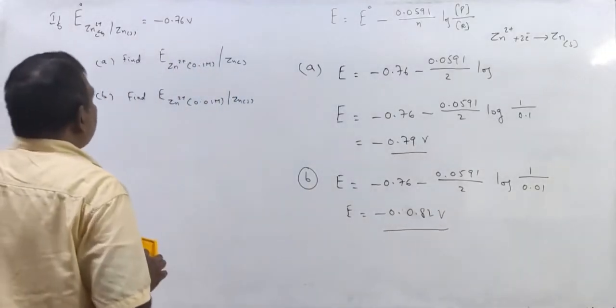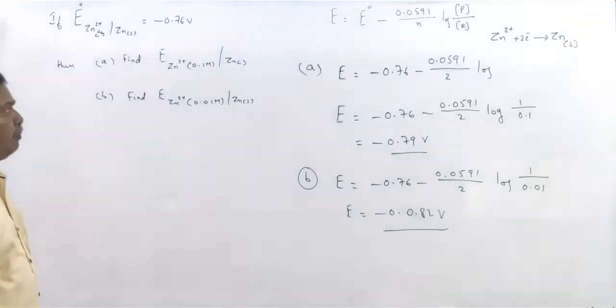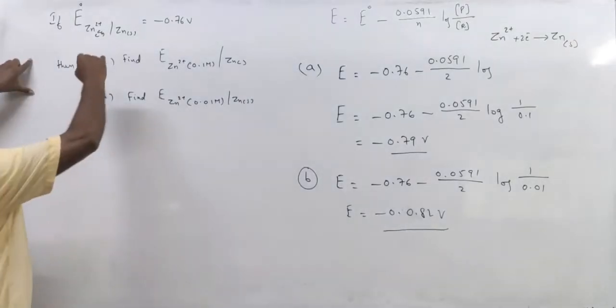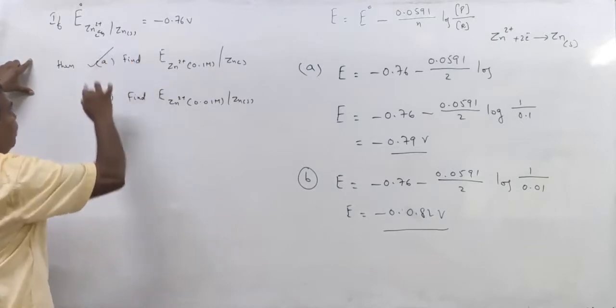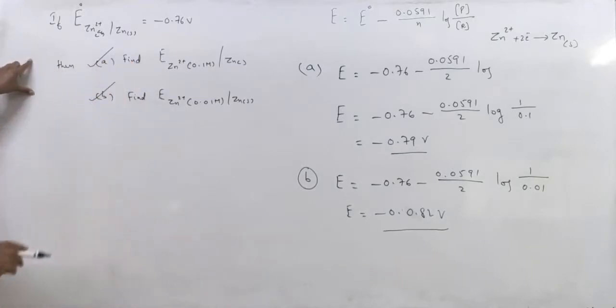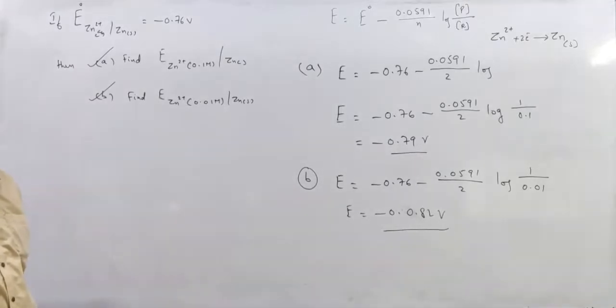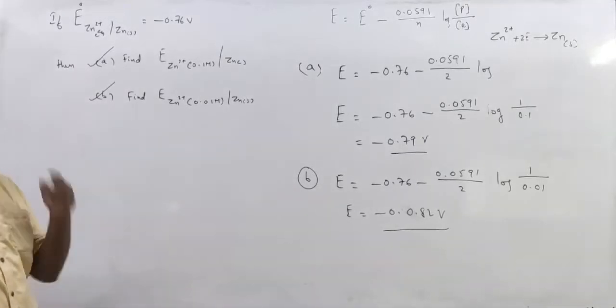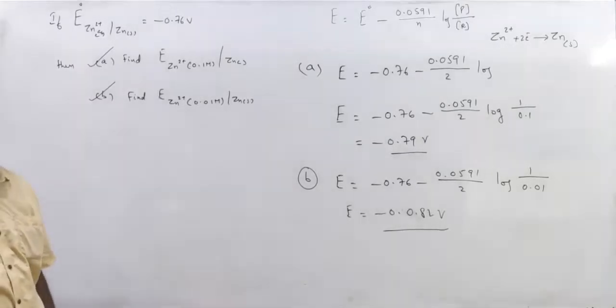Now, for example, if a cell is constructed by using these two electrodes, clear? See, if any two half cells, if any two electrodes are connected together, it becomes an electrochemical cell.